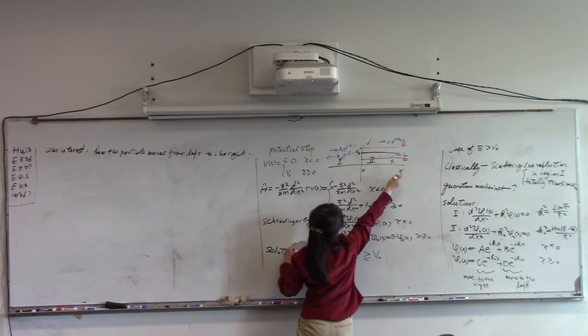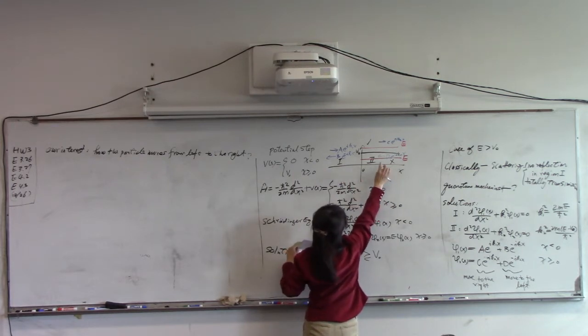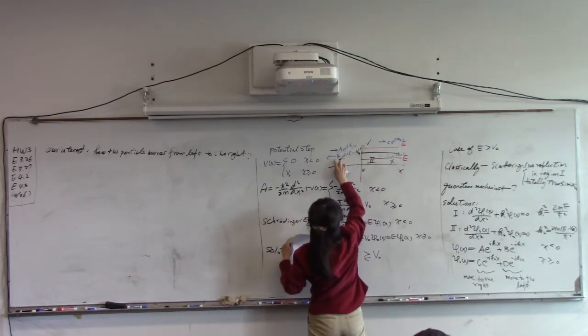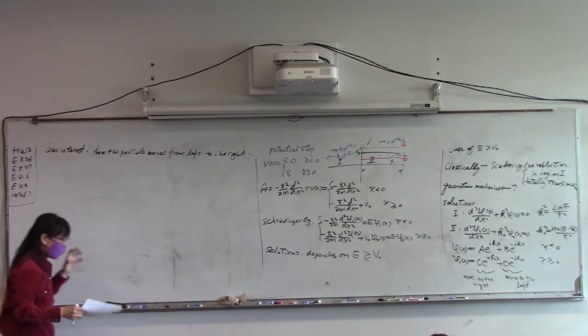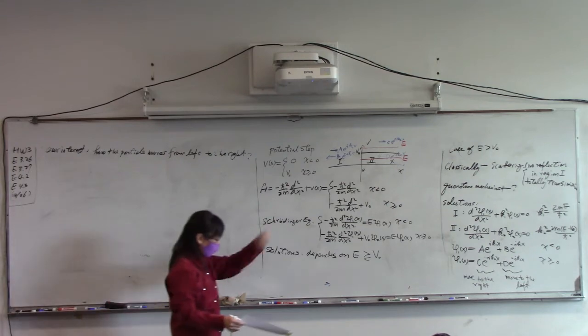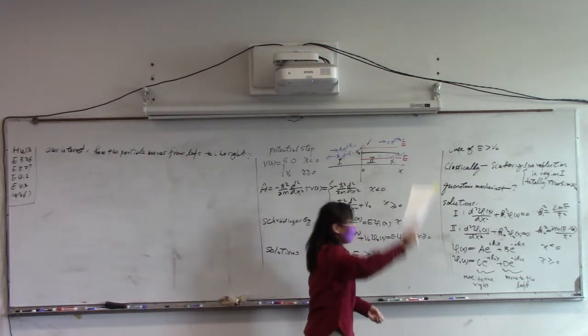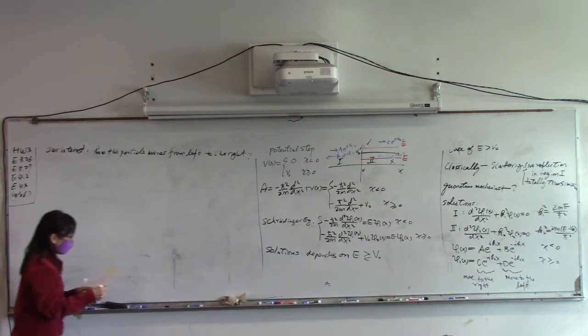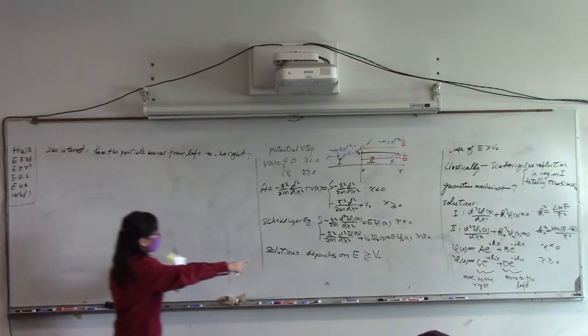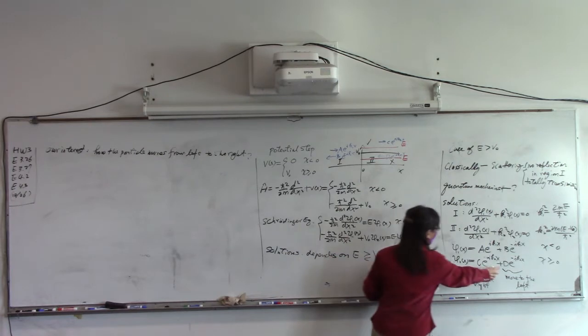If we were interested in right to left, you would just select that one instead. We just consider a free particle moving, and then it hits an energy barrier. So that is what we are interested in. Then we remove this one.